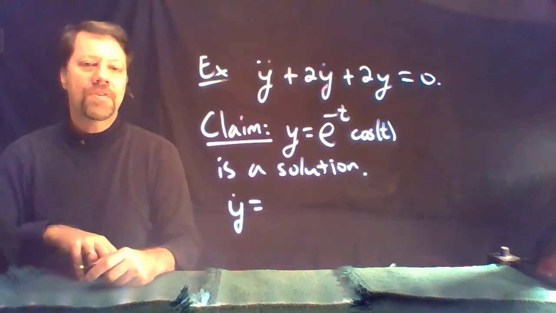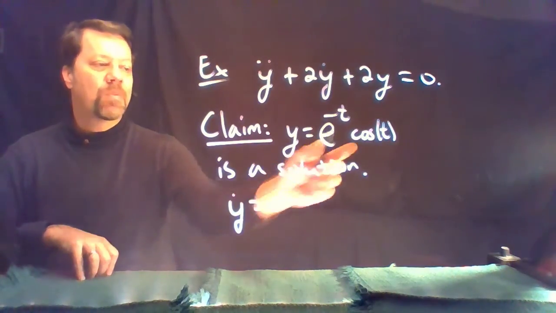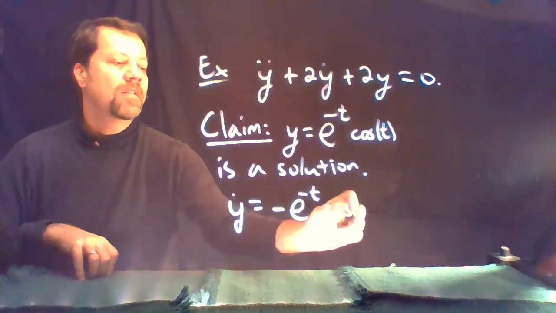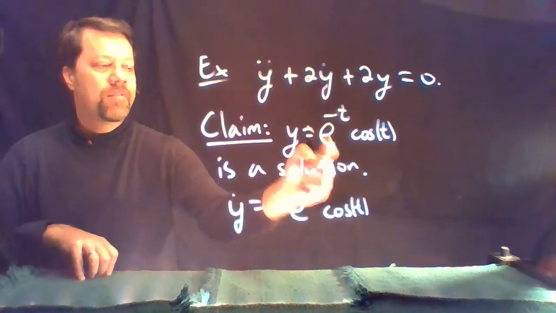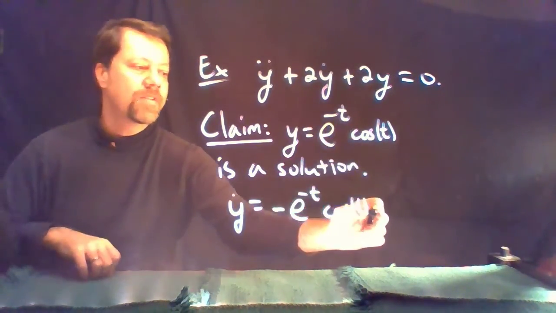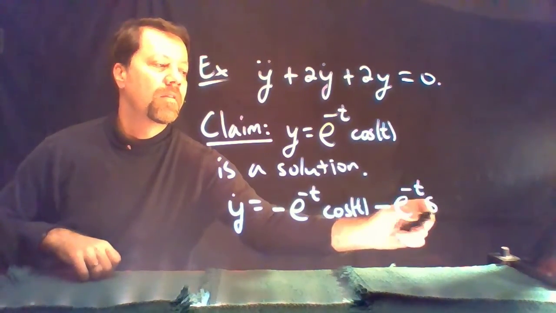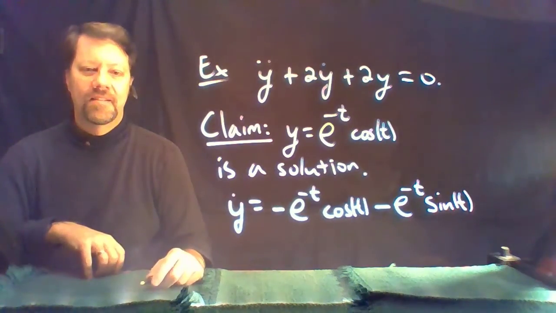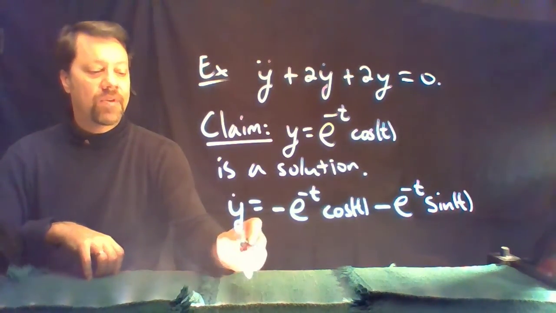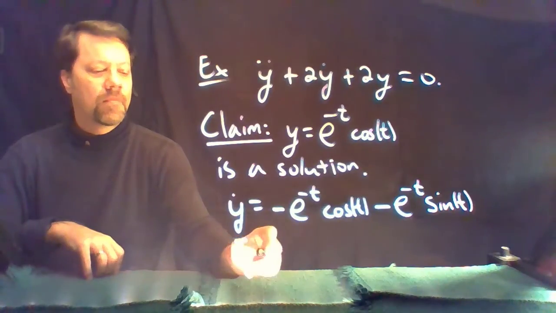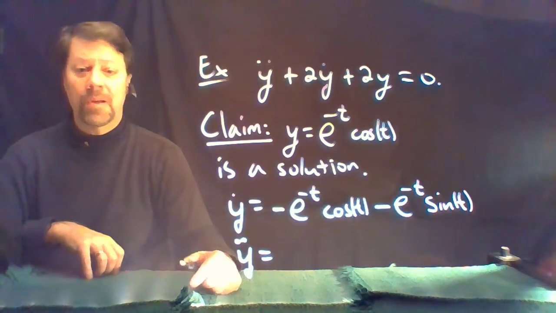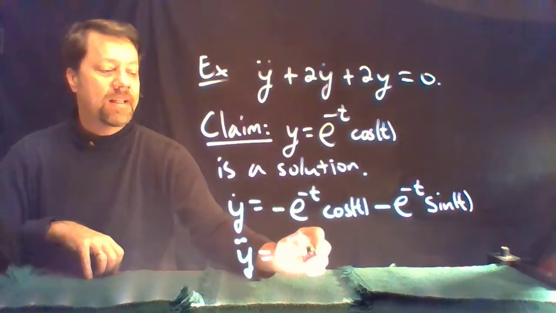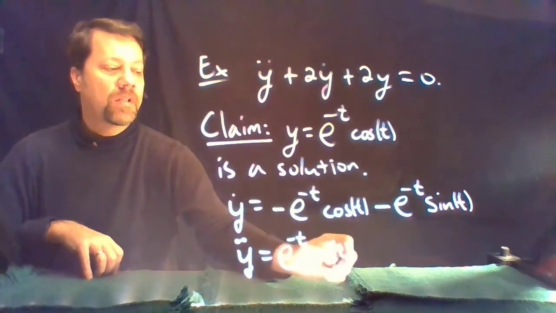To calculate the first order derivative, we need to use the product rule. The derivative of the first times the second plus the derivative of the second times the first. To take the second order derivative, we need to apply the product rule twice. Derivative of the first here gives us e to the minus t cosine t.